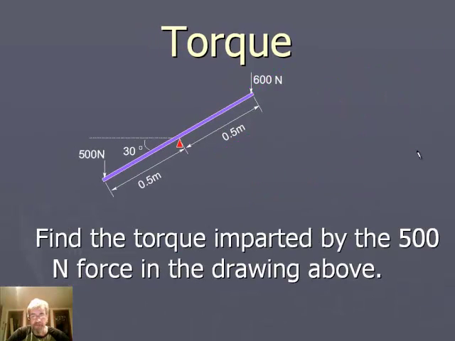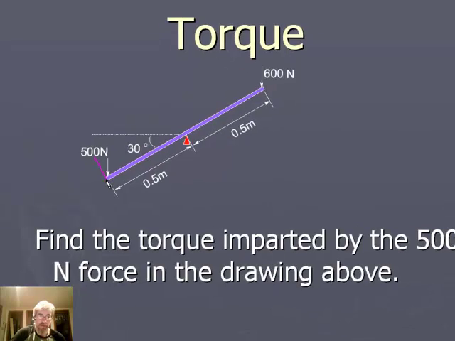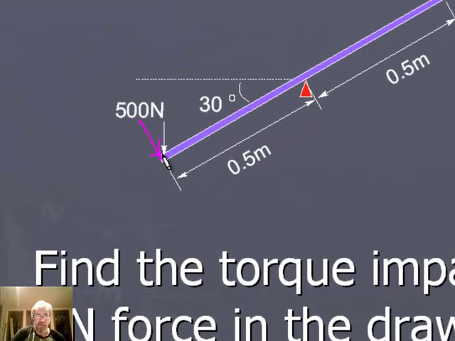Now you find this one. Find the torque imparted by the 500 Newton force in this drawing. Okay, here's how you can do this. It's a very similar problem to the last problem. We need to find what component of this 500 Newton force is actually acting perpendicular to the lever arm and therefore will produce torque. Once again, you can reason out that this is going to be a 30-degree angle, and so the torque-producing component is going to be 500 newtons times the cosine of 30 degrees.